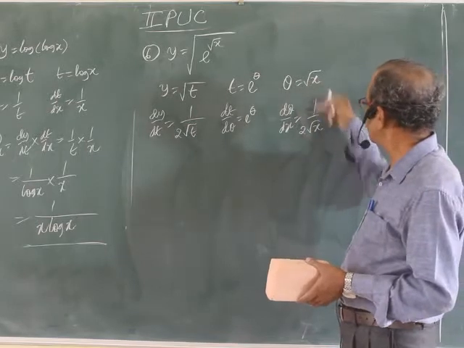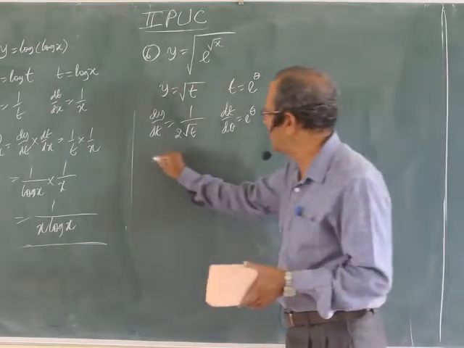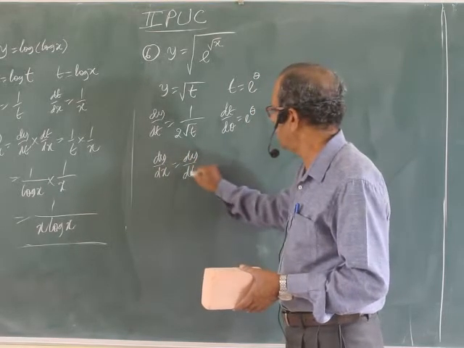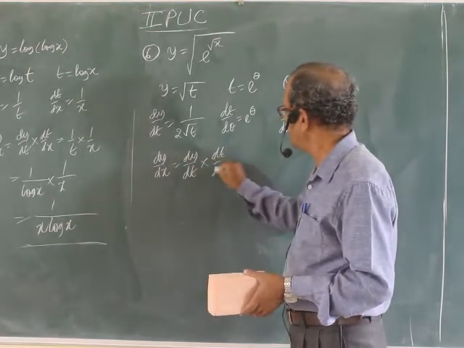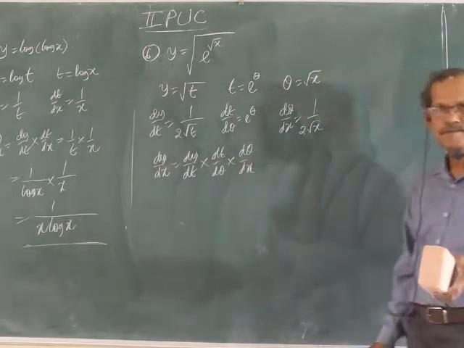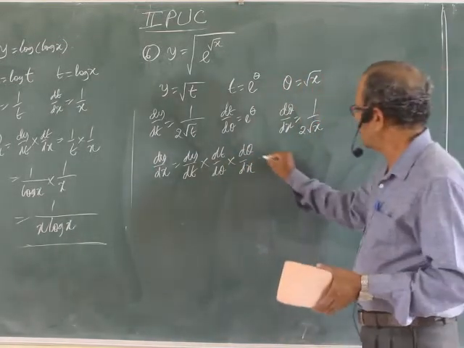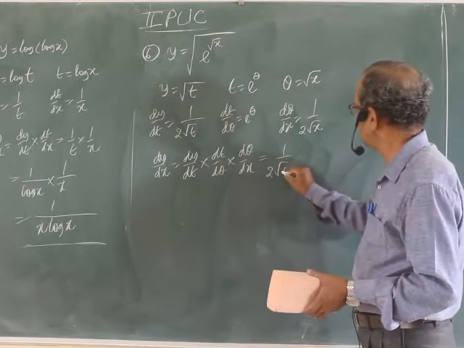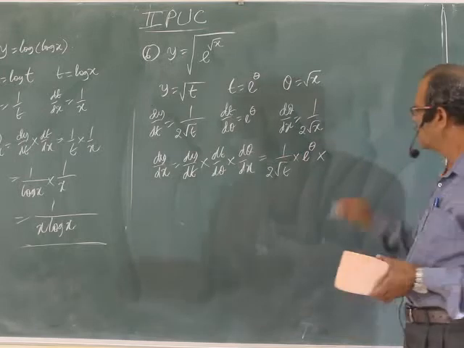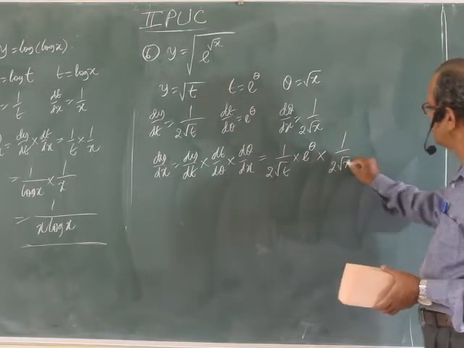Again root x derived is 1 by 2 root x. But here, chain rule means you have to multiply three functions. See, dy by dt, dt by d theta, d theta by dx. Or it is 1 by 2 root t, e to the power theta, 1 by 2 root x.